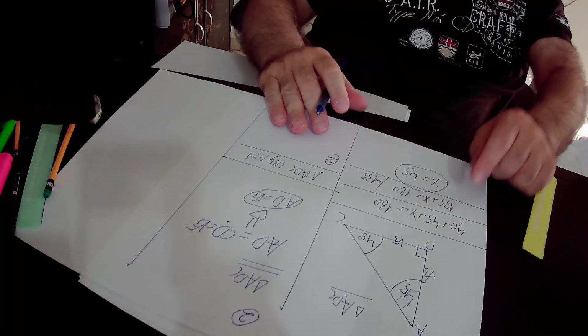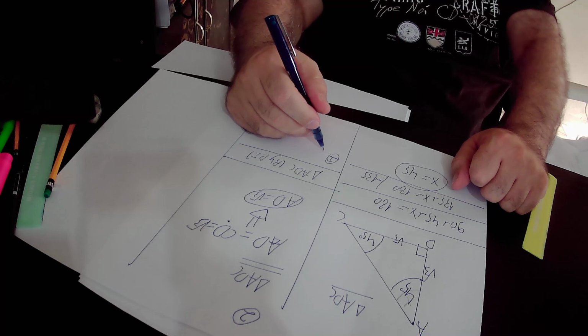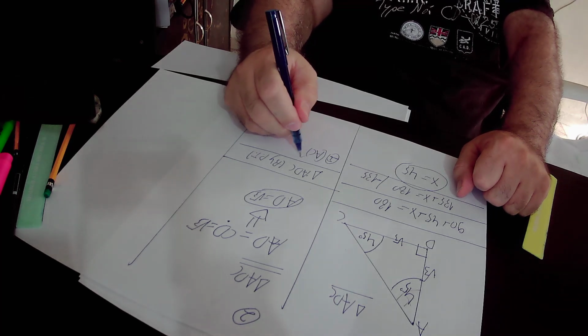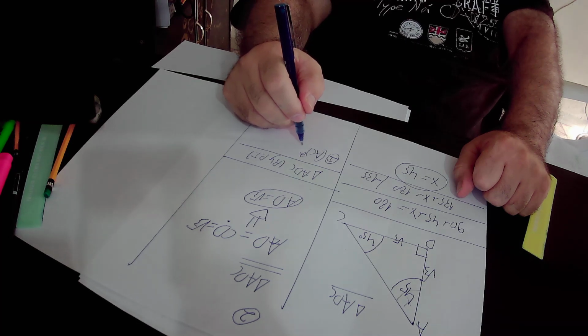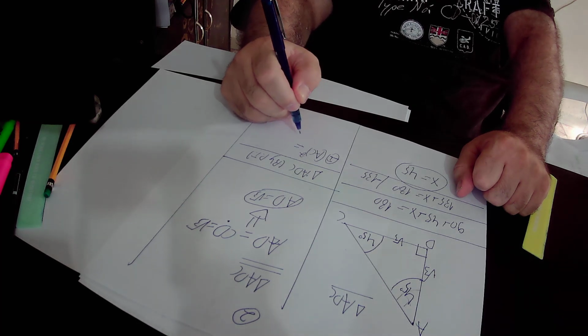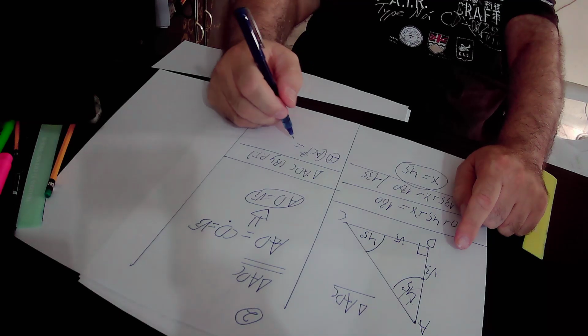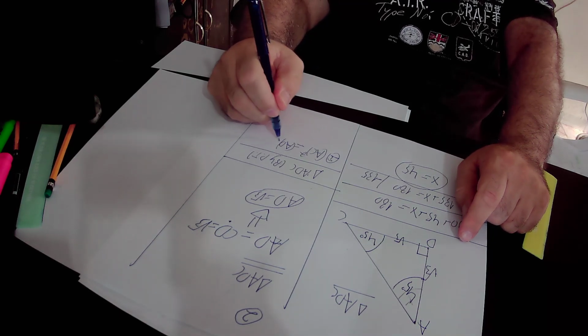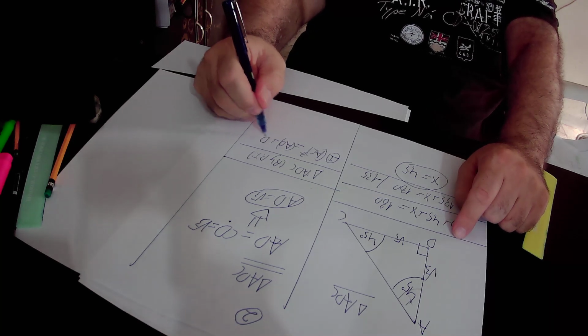The hypotenuse is AC, therefore the square of the hypotenuse is AC square, and it must be equal to the sum of the squares of the perpendiculars. That is to say, it must be equal to AD square plus DC square.